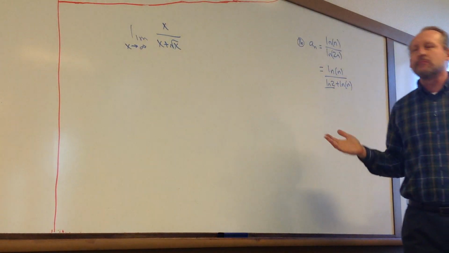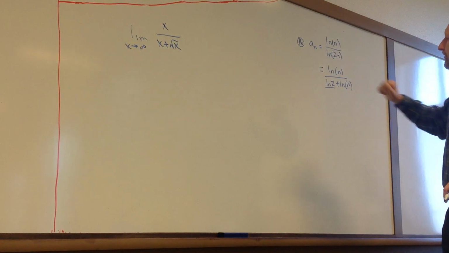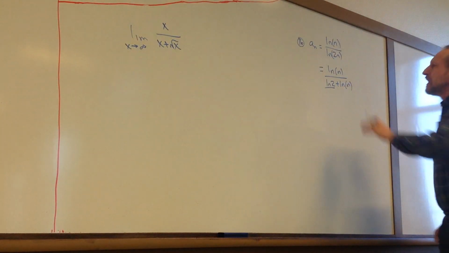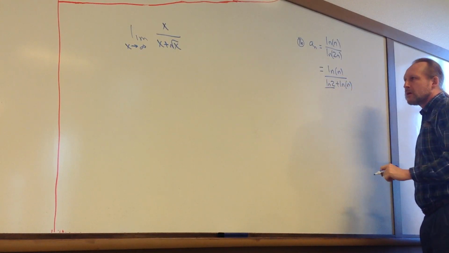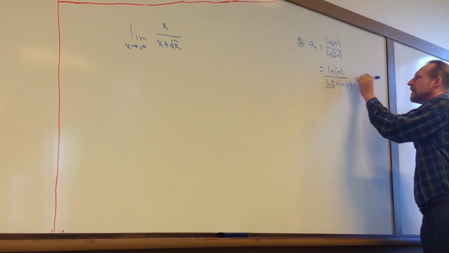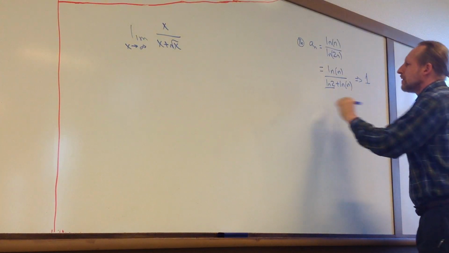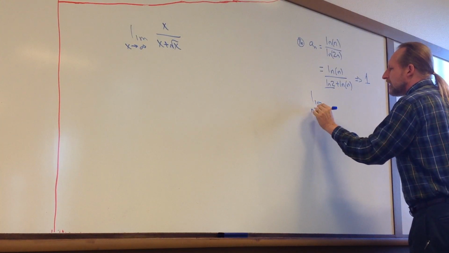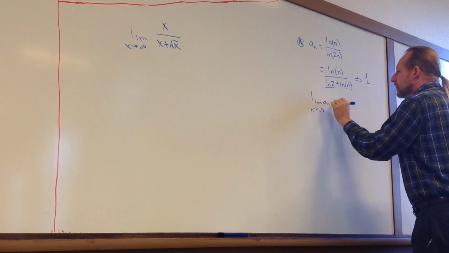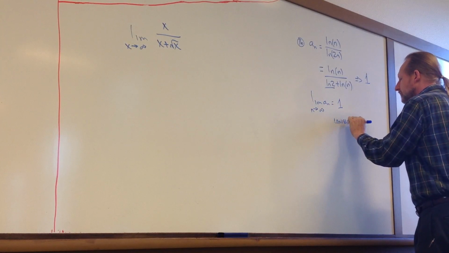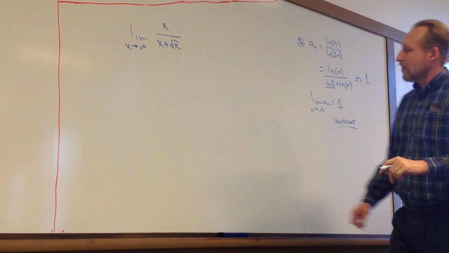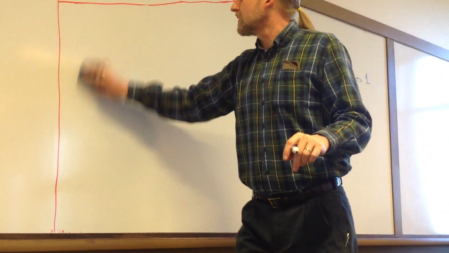It's some concrete, constant value. So as ln n gets infinitely large, ln 2 becomes less and less important, and this thing is actually approaching 1. So the limit as n goes to infinity for a sub n is 1, and this is convergent. All right, so that's number 16.